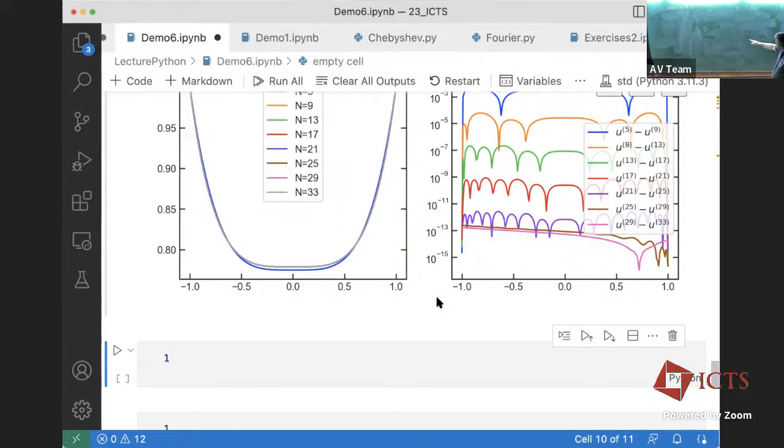And if you now expand this du/dx equals 0, you can write this as differentiation matrices. And if you want to do this at x equals 1, actually, let's take x equals 1, doesn't really matter.